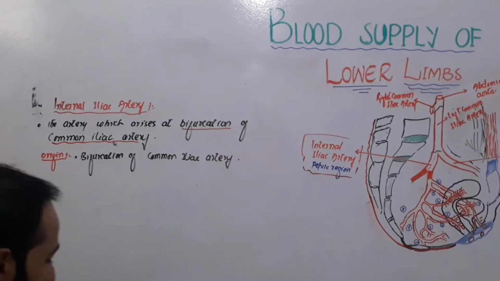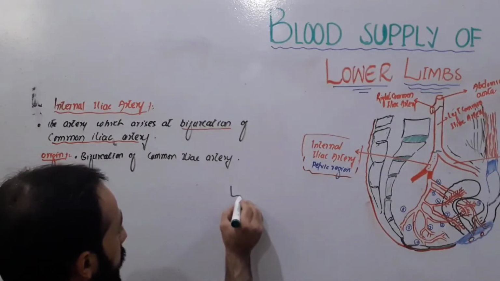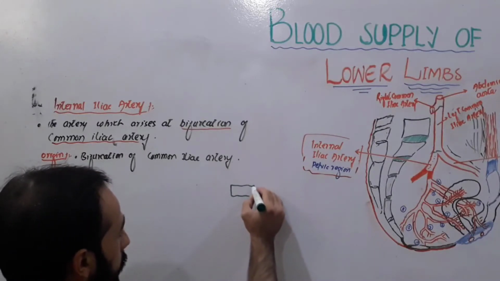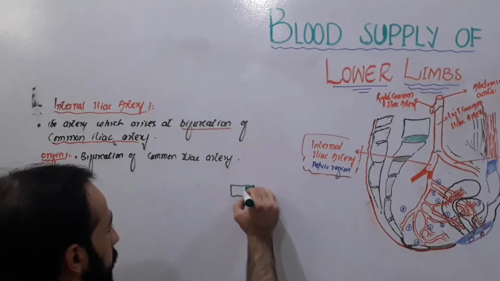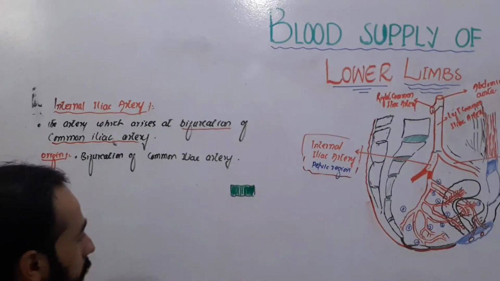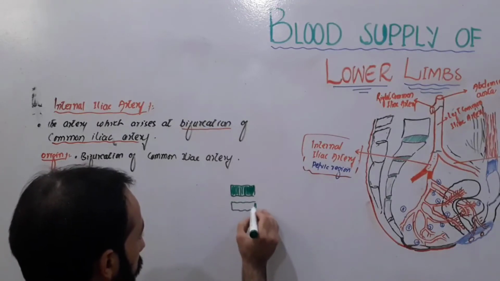At the level of, look here, let me explain it. Here we have our L5, lumbar vertebra number 5, and when the lumbar vertebrae are gone, then there is the sacral vertebra.